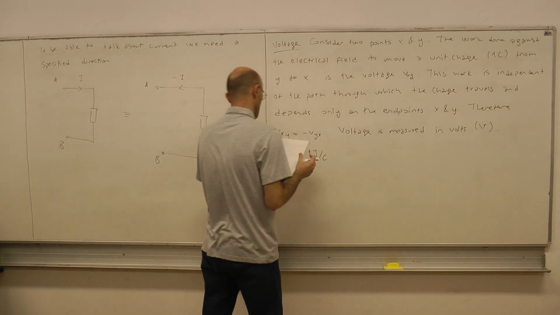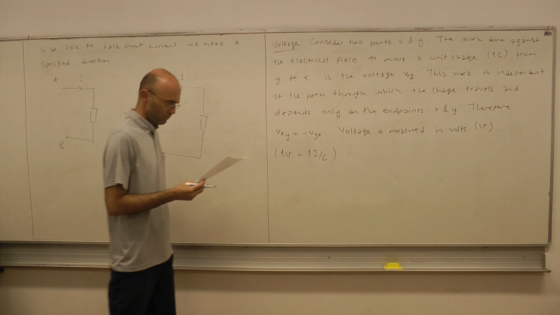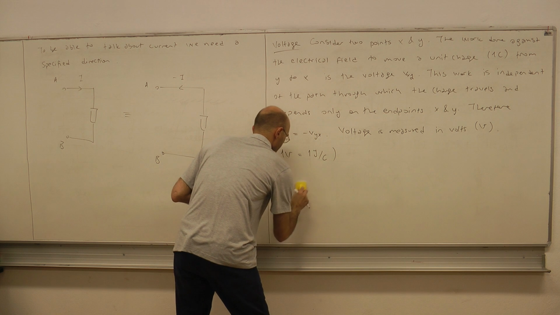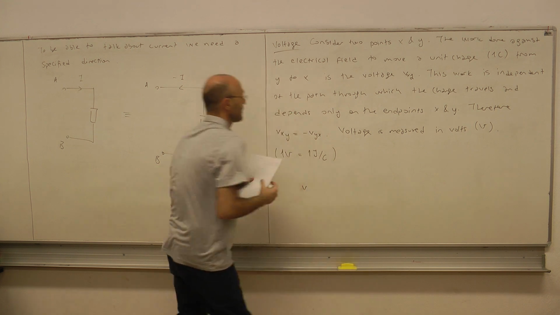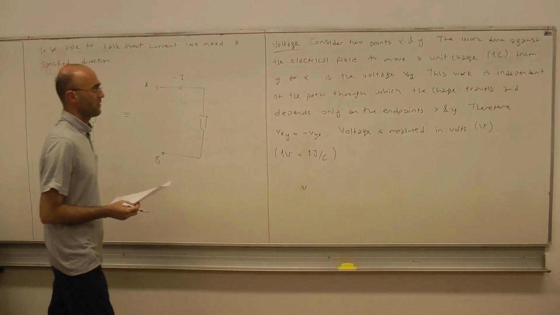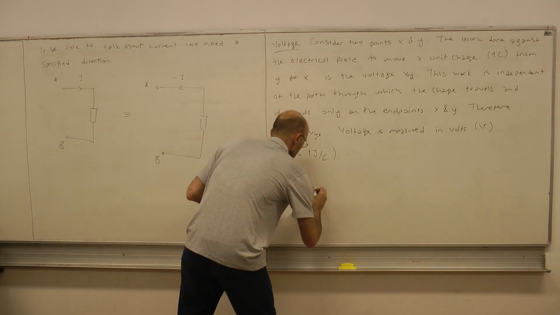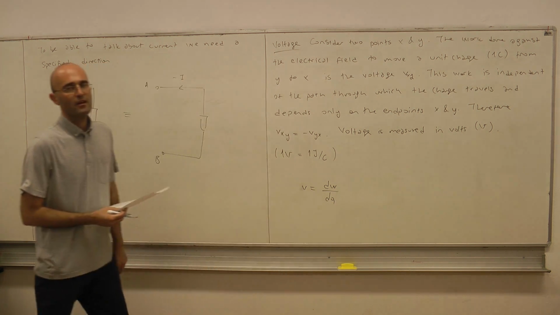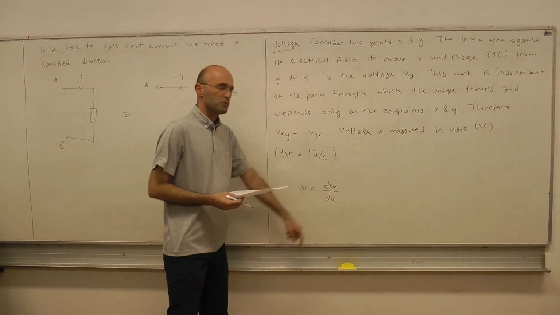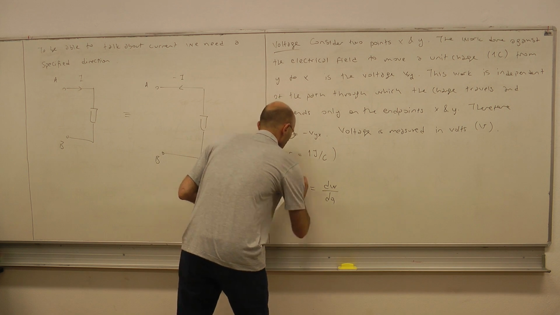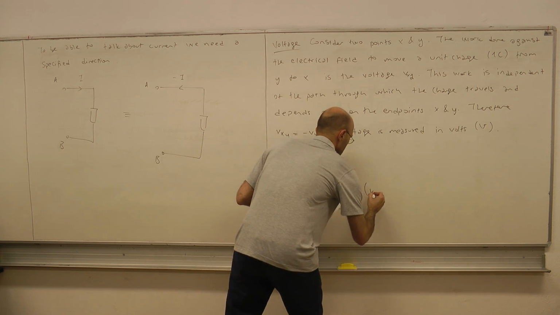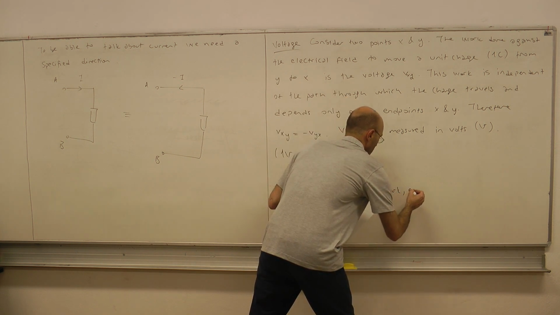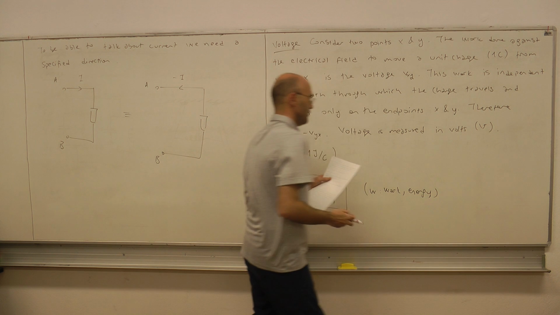Okay. So a compact way of representing that or writing that sentence is voltage equals rate of change of work with respect to charge. Okay. Here W represents work, or sometimes you can take it to be energy.